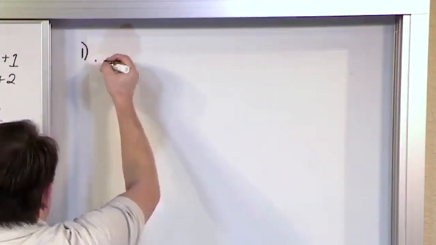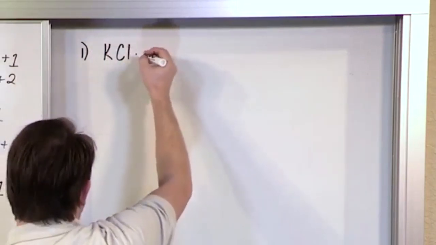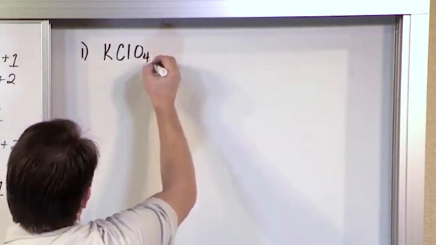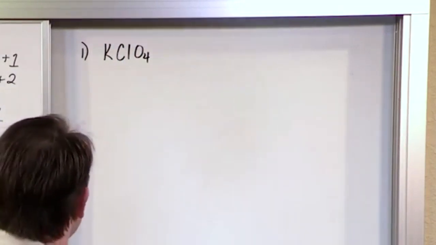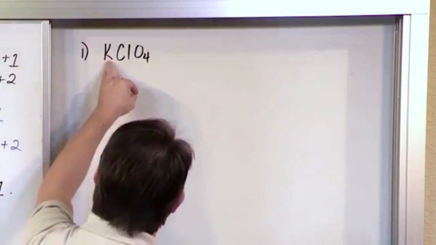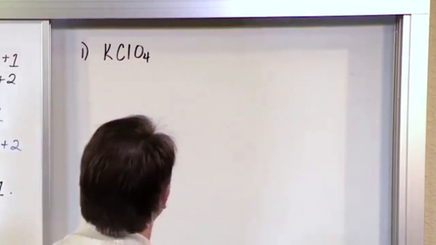So let's do problem number 1. We have a potassium ClO4. Okay, so this is a compound. We've got potassium atoms in there, we've got chlorine atoms in there, and we've got oxygen atoms in there.